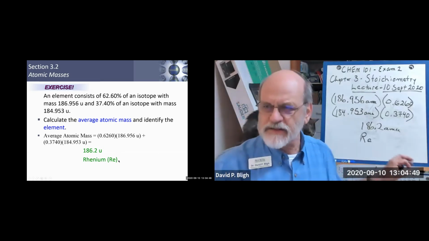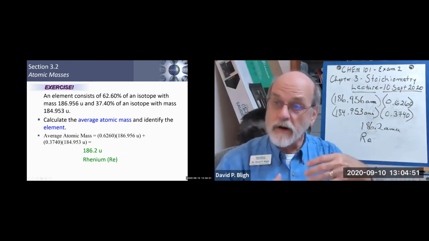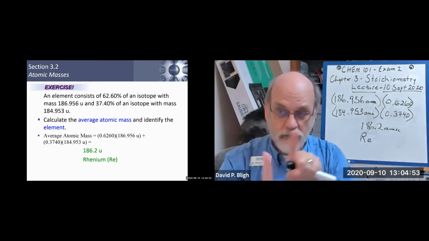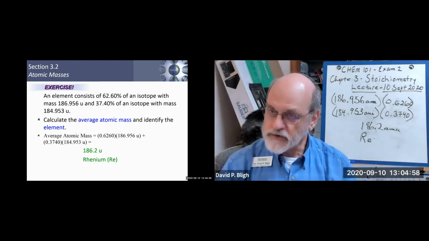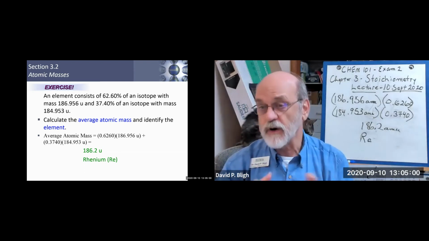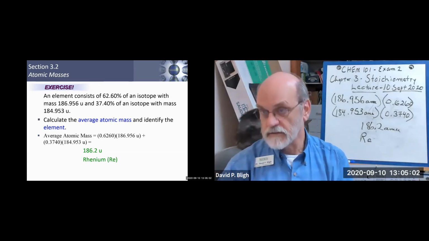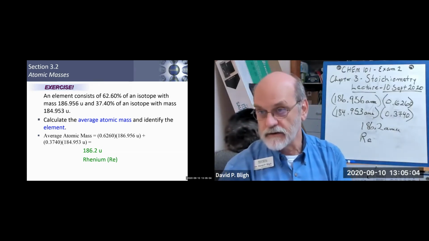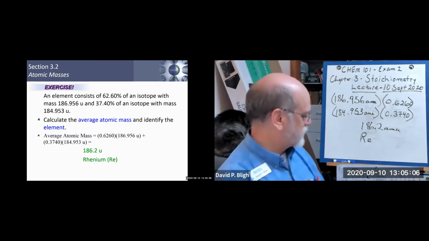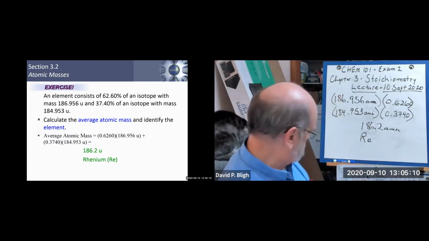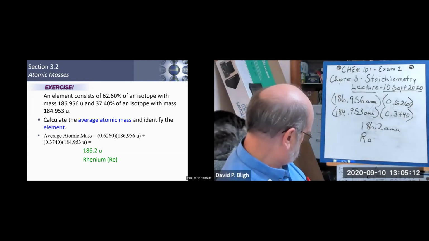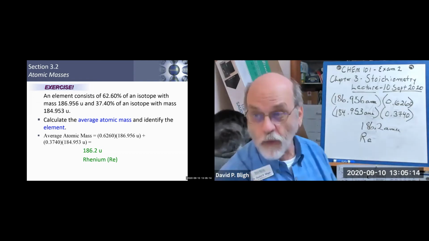There are a couple of places in the periodic table where the average atomic masses are very close together. In those cases, it might be difficult to determine the element based on just the average atomic mass value. For instance, argon is 39.948, and calcium is 40.08.